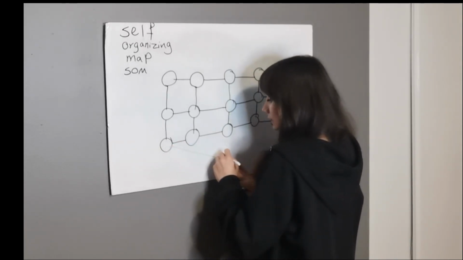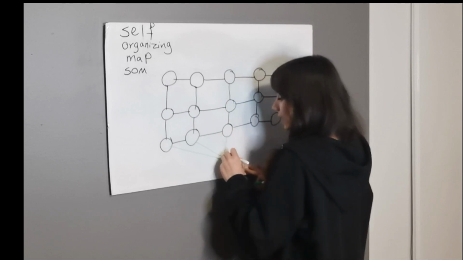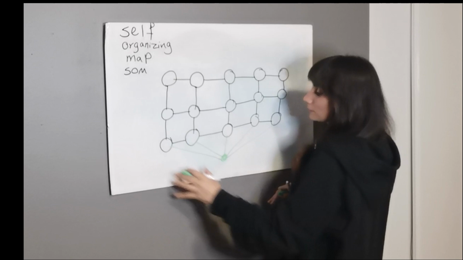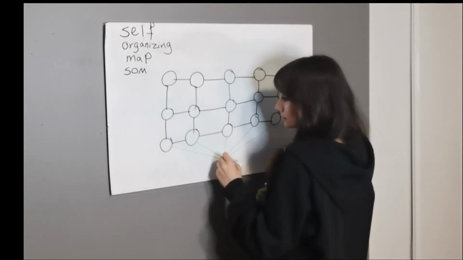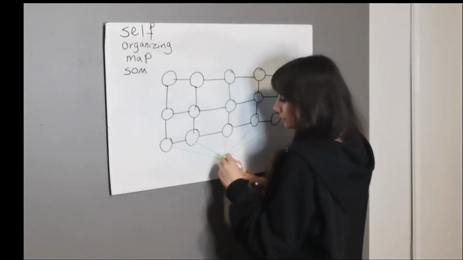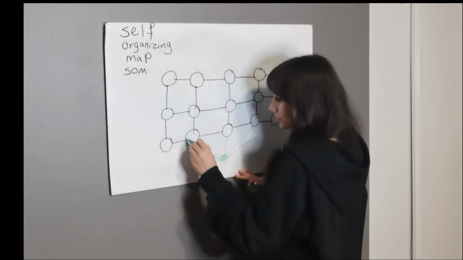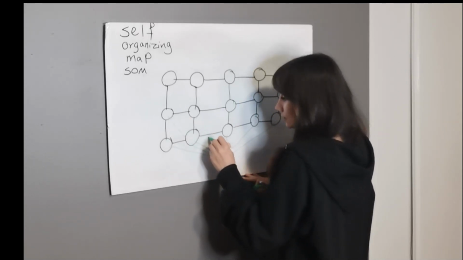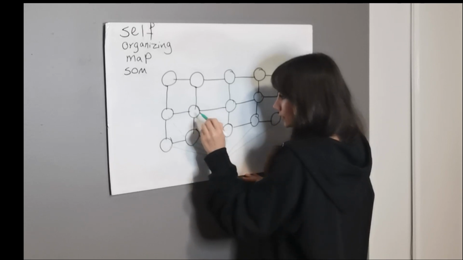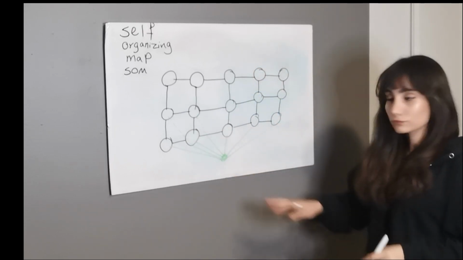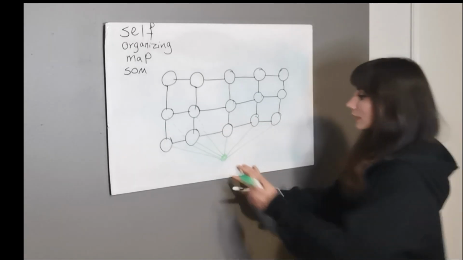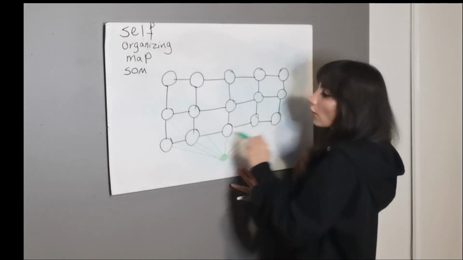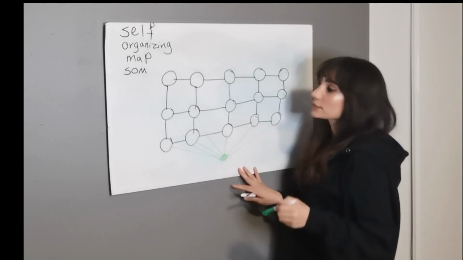So I'm just going to connect these bottom ones, but know that they are getting connected to all of the neurons, because it's going to be very complicated if I want to do all of them. So for example, this one is going to be connected and this one is going to be connected as well. Each one of these data points is going to be connected to all of these neurons.